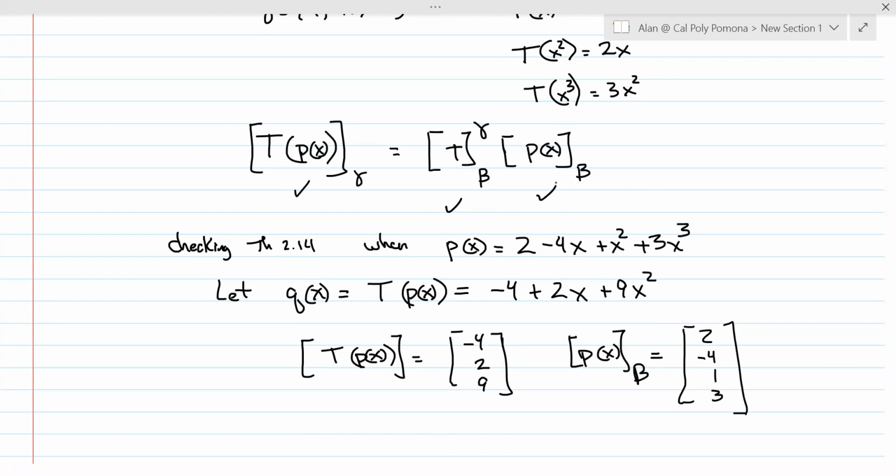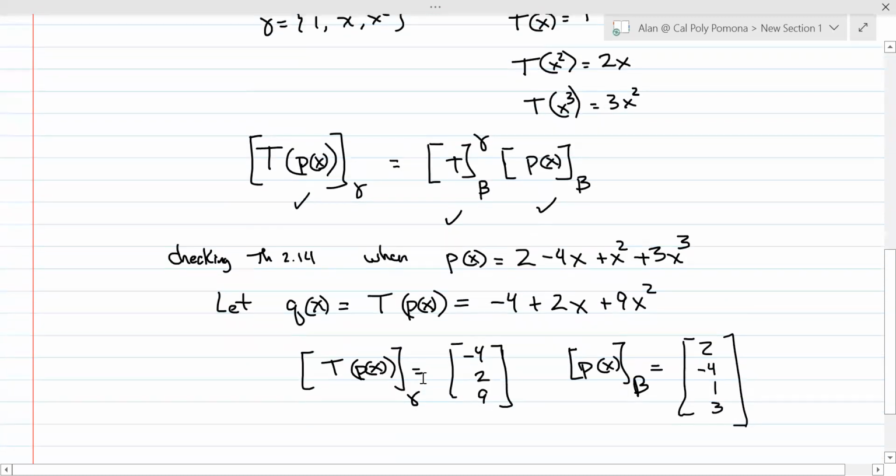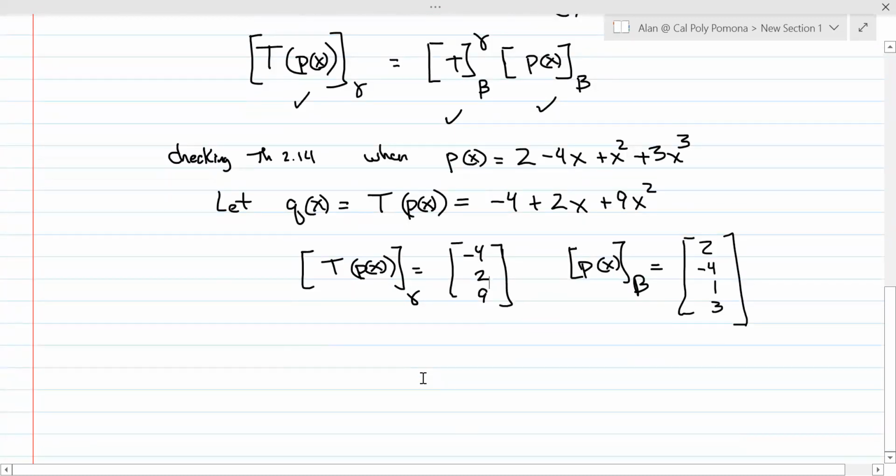But now let's see what the statement is saying. What the theorem is saying is that if you take this guy, and I guess that's this, but I didn't put the gamma down here. If you take that guy, which is 4, -4, 2, and 9.